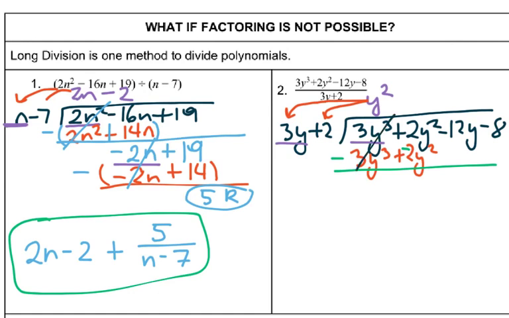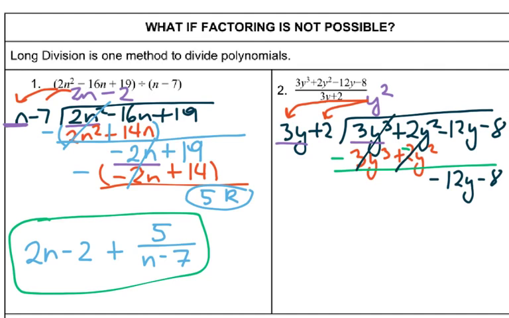So the first two terms always cancel out. Now 2y squared plus negative 2y squared cancels out as well. It happens, not all the time, but sometimes it does happen. Then I'm going to bring down the next two terms. You always want to have two terms if you're dividing by a binomial.